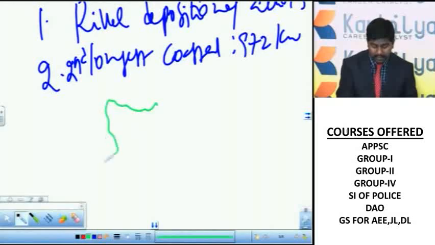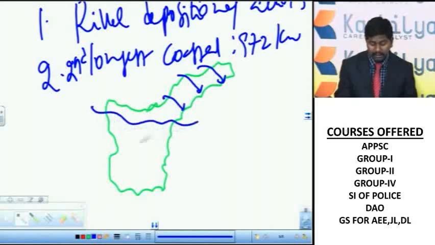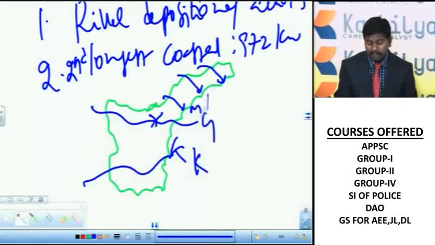So these rivers, right from the northern region: the river Vamshadhara, river Nagavali, then river Machkand, then river Godavari, then river Krishna, and here river Penna, and river Swarnamukhi in Chittoor district.